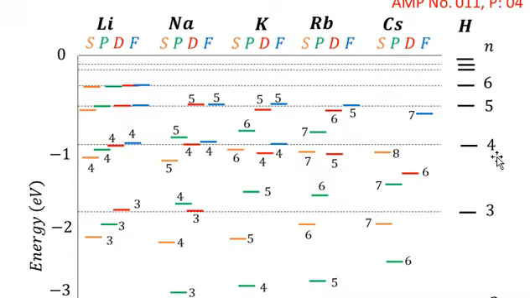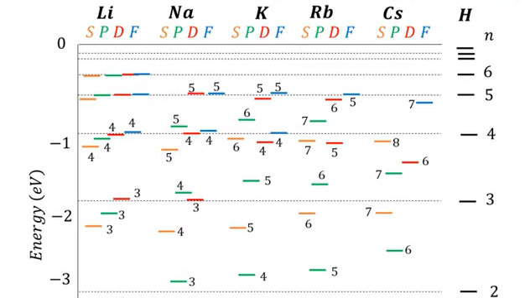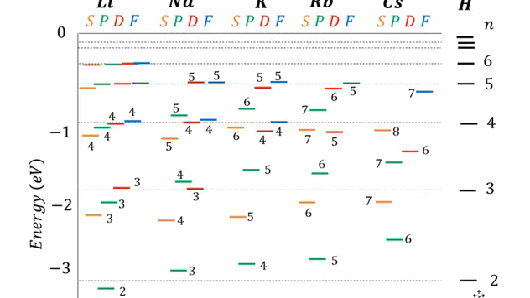Whereas for the hydrogen atom, the orbital degeneracy is not lifted because the level 2 is not split into 2 states. The level 3 is not split into 3 states. The level 4 is not split into 4 states, and so on. So as far as the hydrogen atom is concerned, the orbital degeneracy is not lifted, whereas for the alkali metal atoms, the energies of these levels also depend upon the values of the orbital quantum number.